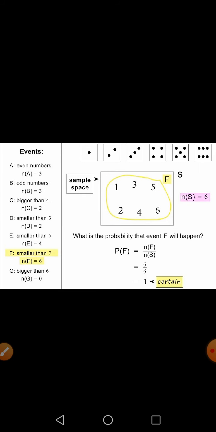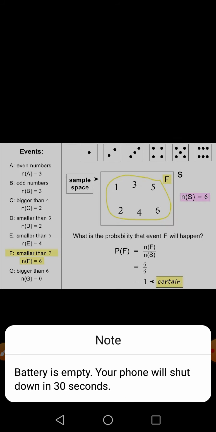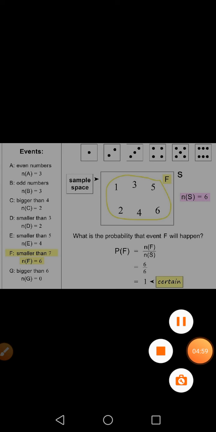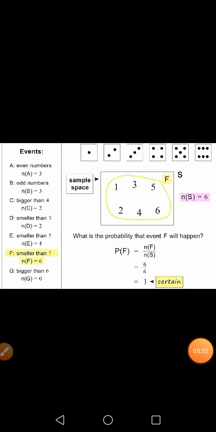Here for F, what is the probability that event F will happen? The probability of F equals NF over NS. As we said, NF is the number of the event over NS, the total outcomes.